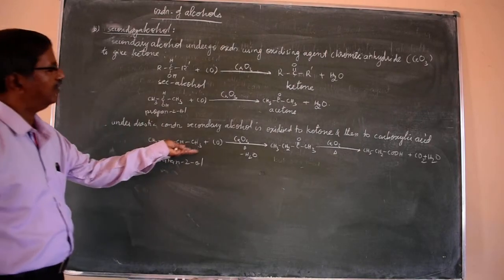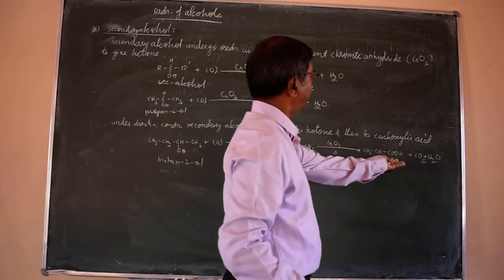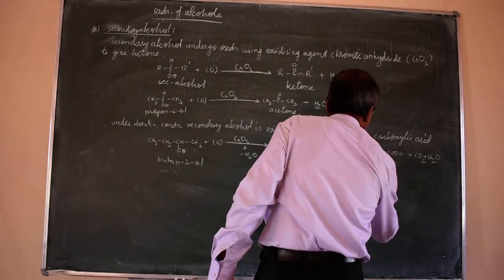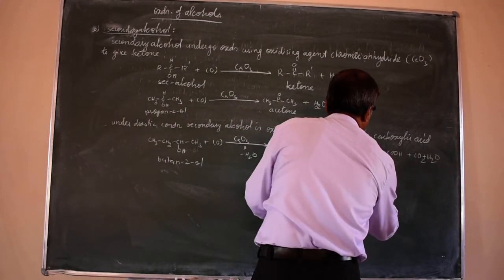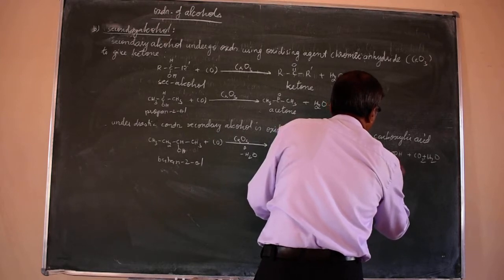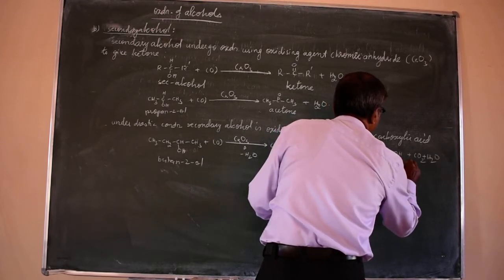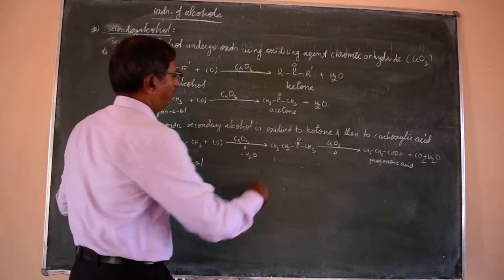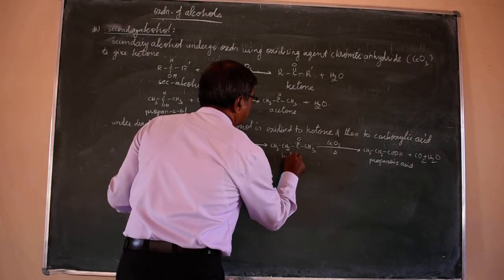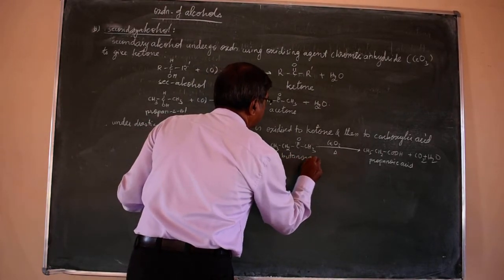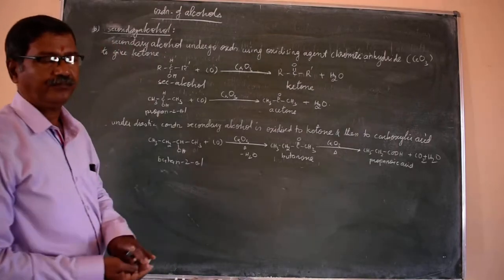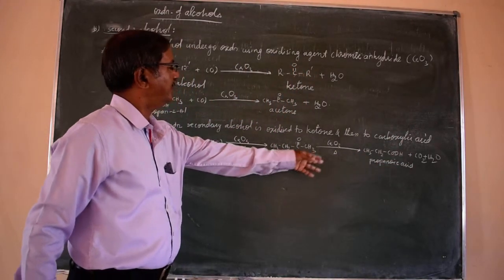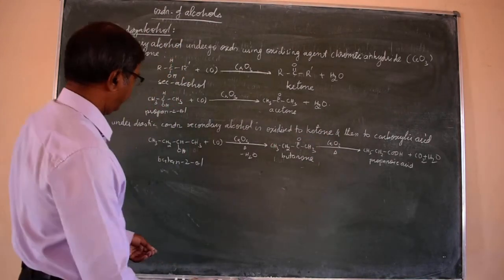Here the ketone has 4 carbons, but here we have only 3 carbons. The product is propanoic acid because we have 3 carbons. With 4 carbons, it is butanone, one for the C=O, and oic acid for the COOH.